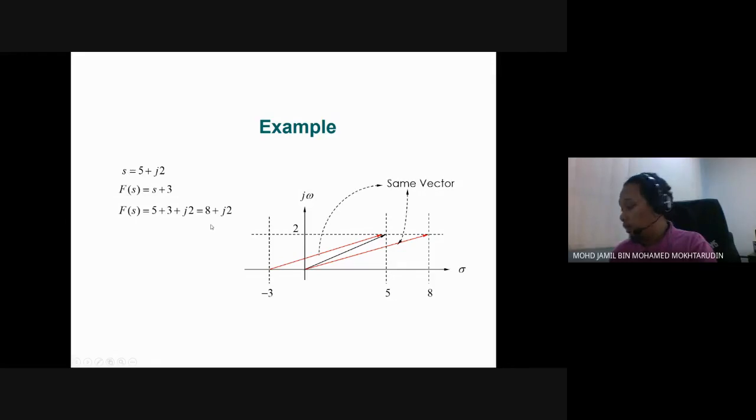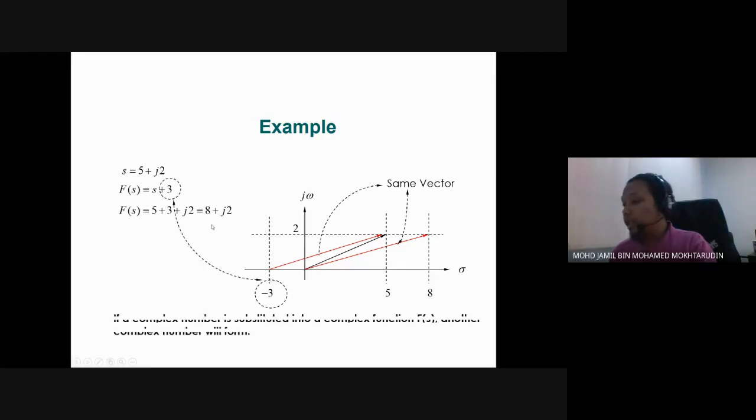Then when you plot, what this example wants to show is that when you have a complex function F, and then you substitute the value of S with another complex number, then a new complex number will form. Okay, but the complex number will be parallel, but it will start at a different origin.